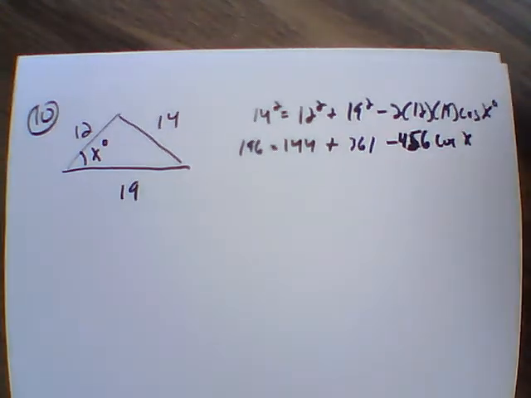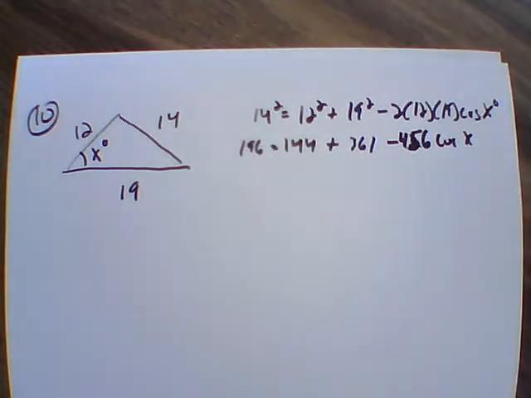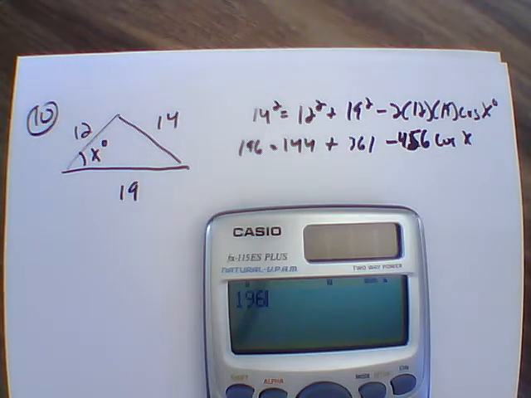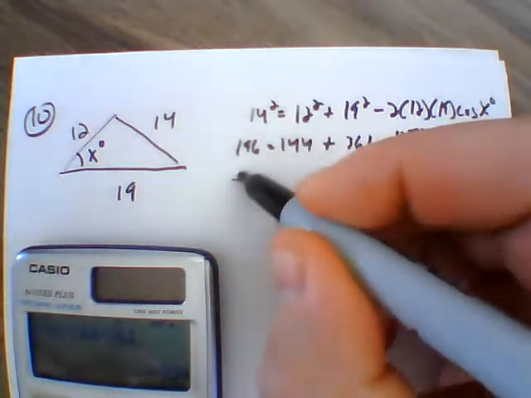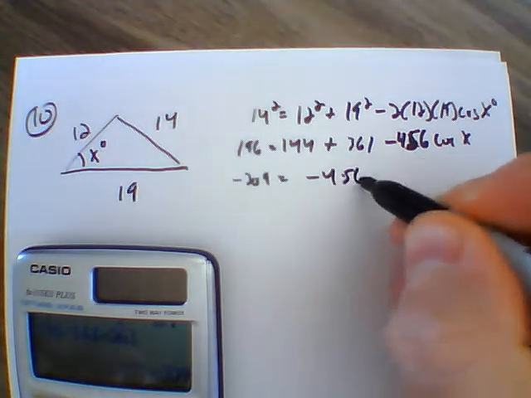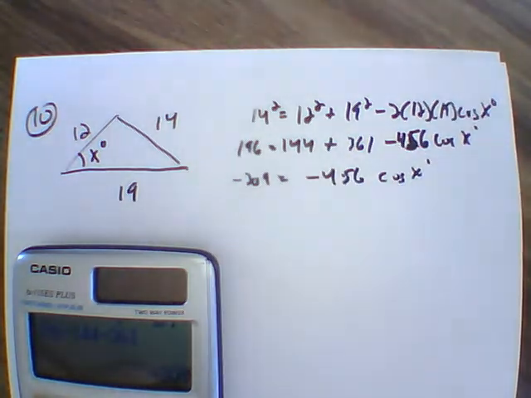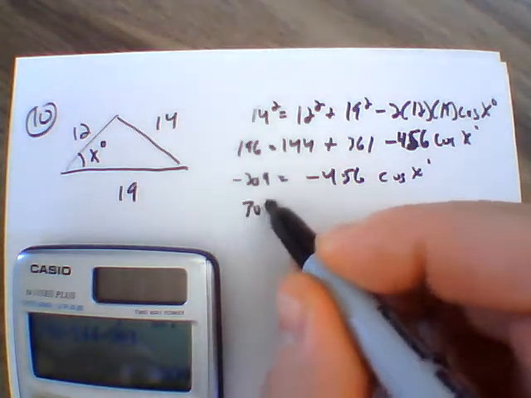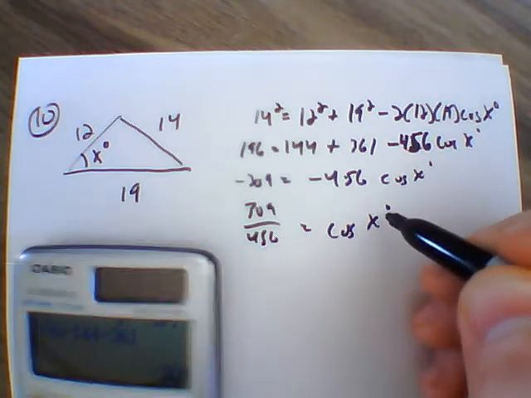cosine of x. So then when I subtract over these, I have 196 minus 144 minus 361, which would be negative 309, equals negative 456 cosine x degrees. Now this would be 309 over 456 equals cosine of x degrees.